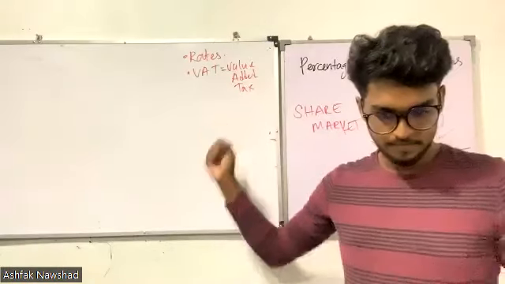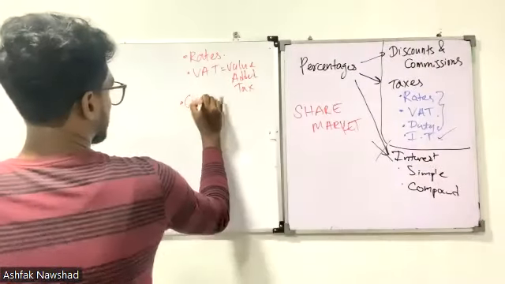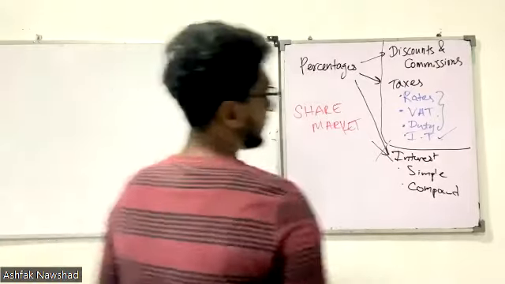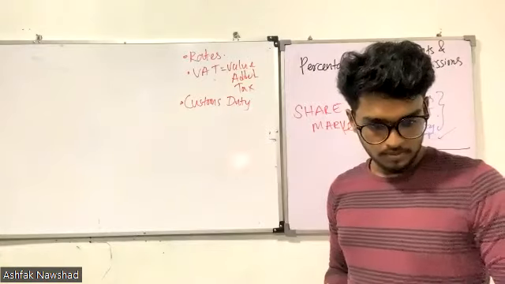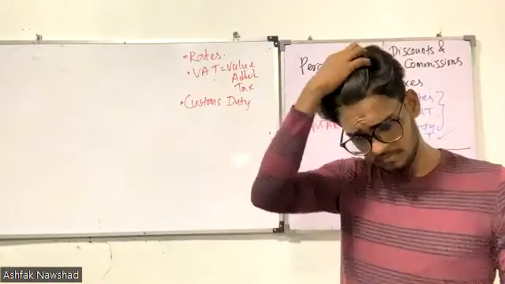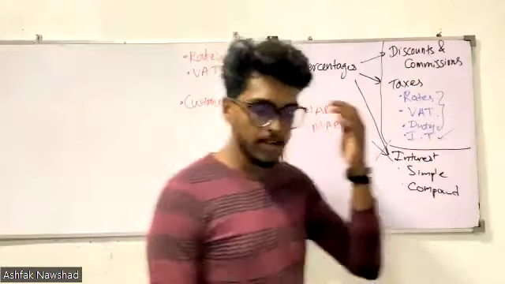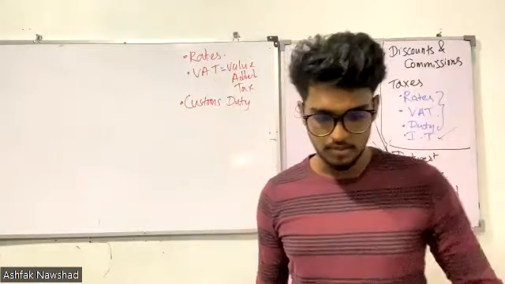And then customs duty. Customs duty is also a type of tax. Do you know customs duty? When importing something, like you buy an iPhone from somewhere else, from Dubai or somewhere.